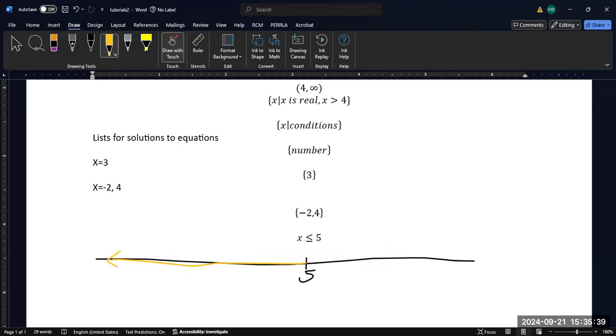And then this is equal to, and so what I would fill in is a dot in the first set of notation.